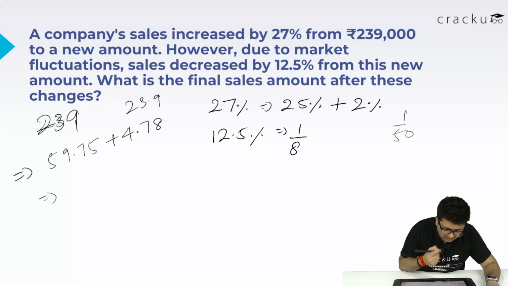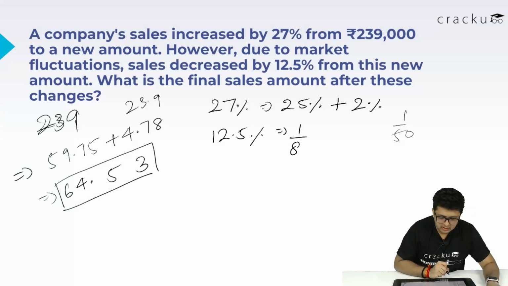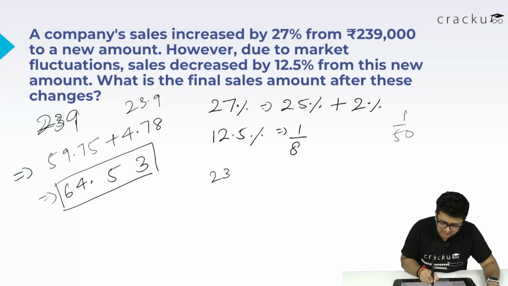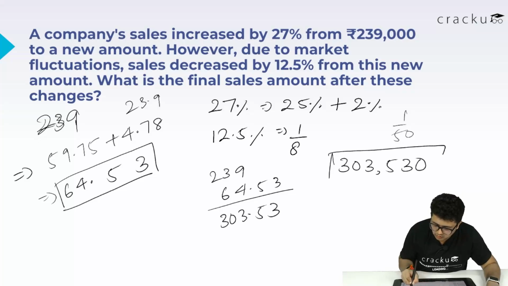Adding these, I get 64.53. So I added 64.53 to 239, and I get 303.53. So the new amount is 303.53, right?